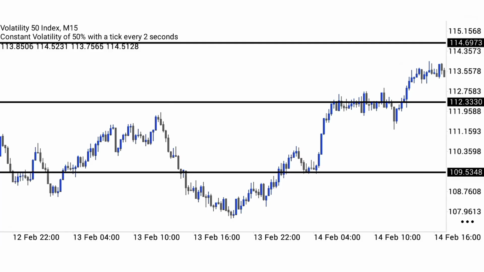And why do I do this? You can use any color you like for your chart. It does not matter as long as you can use those colors to identify the bears and the bulls, the buyers and the sellers.